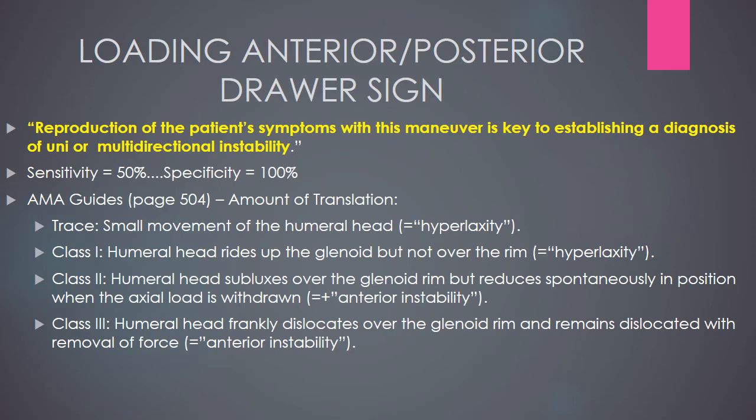And when this maneuver is positive for pain and muscular defense, it has a 100% specificity, meaning that in patients who actually have bona fide anterior or posterior instability, 100% of them will respond with pain and muscular defense in relationship to this physical examination.